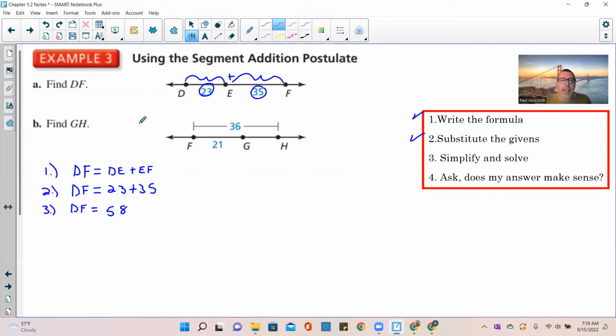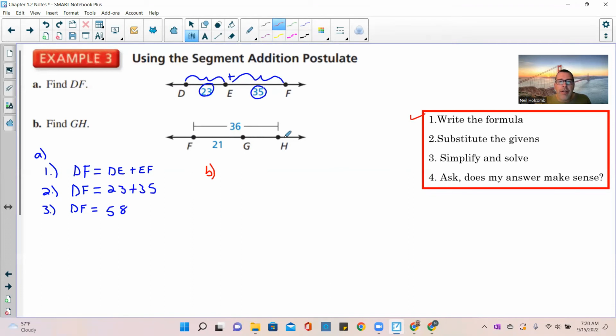All right, so let's do this again. Now that was A. So now we're going to find B. Now I'll use red for B. So here's B. I'm not going to write the numbers 1, 2, 3, but I'm just showing you that's what we're doing. We're going through all these steps. So anyway, 1, write the formula.